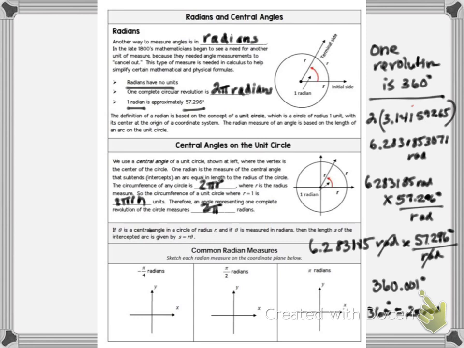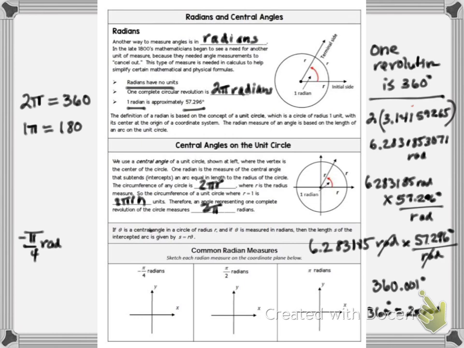So I have negative pi over 4 radians. What I really want to do is convert the radians to degrees so I can actually sketch the angle on the coordinate plane. I know that if 2 pi is equal to 360 degrees, then 1 pi has to equal 180 degrees, because if I add 1 pi and 1 pi, I get 2 pi, which is 360 degrees.